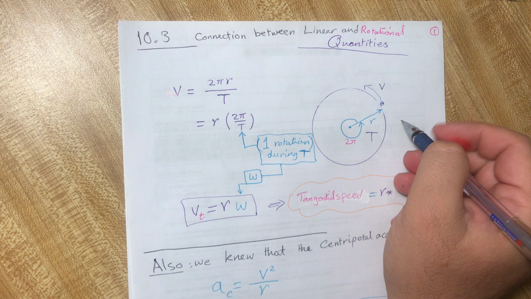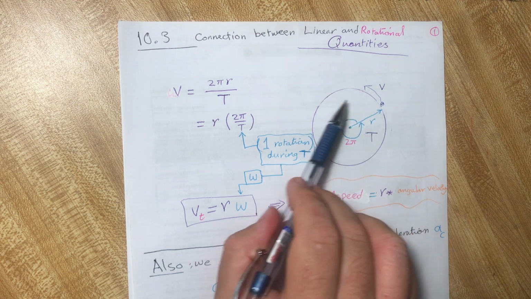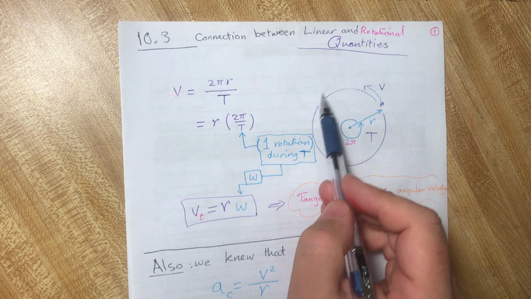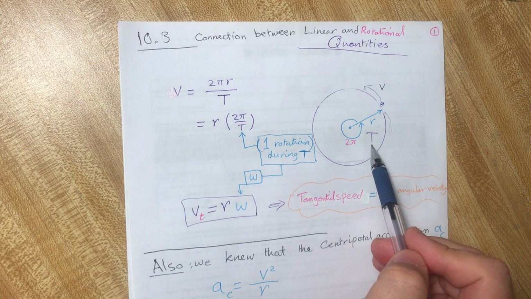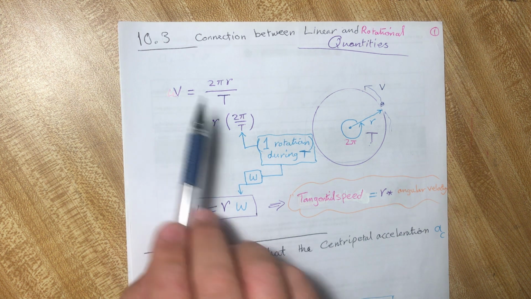The time is capital T, which is the period. The distance is the circumference, which is 2πr. This is all of it, 2πr, divided by the full time, which is the period. This is the velocity or the speed.